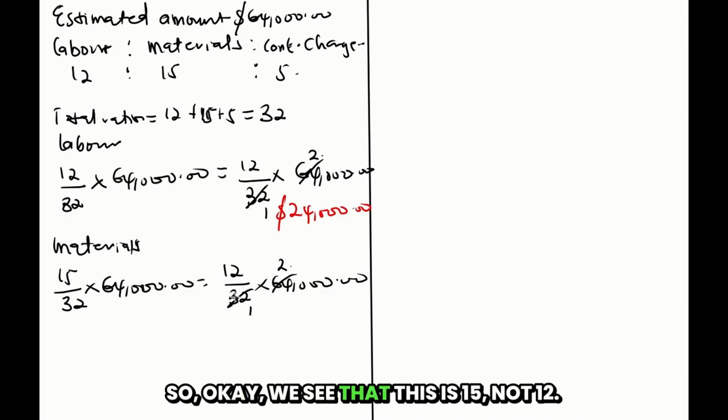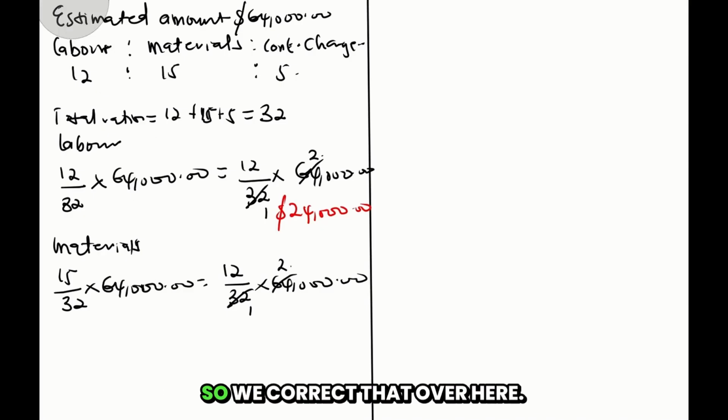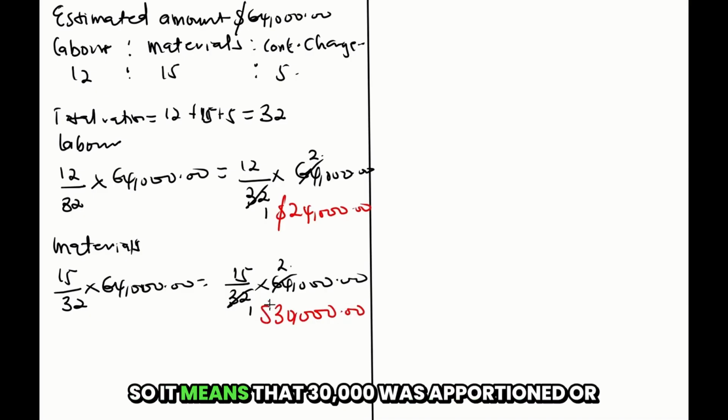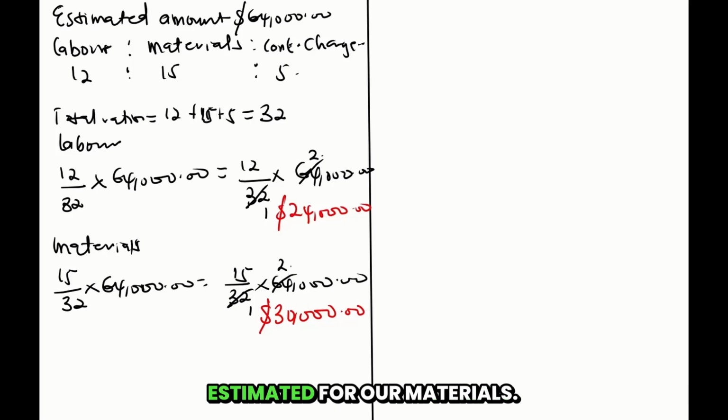Okay, we see that this is 15, not 12, so we correct that over here. So this is going to be 15 times 2, which is 30. So we are left with 30,000. It means that 30,000 was apportioned or estimated for our materials.